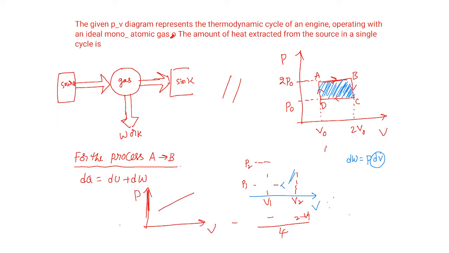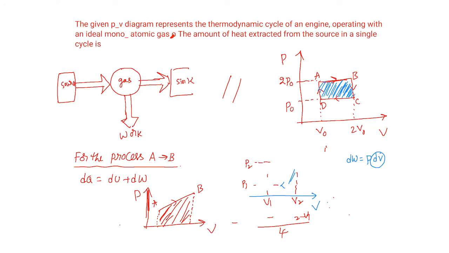I have a process like this, A to B. It is not a cyclic process. How do you calculate the work done? To calculate the work done, you have to draw perpendicular lines. If it is not a cyclic process, you have to draw perpendicular lines from the initial point and final point. This entire area till the volume axis you have to cover. Remember, till the volume axis.